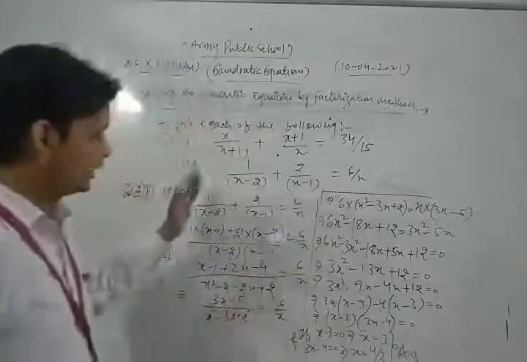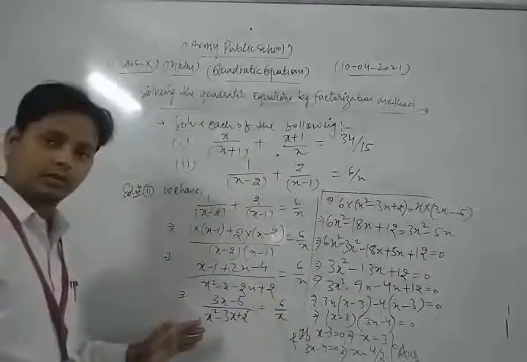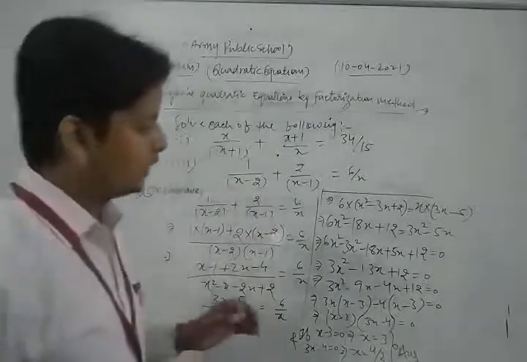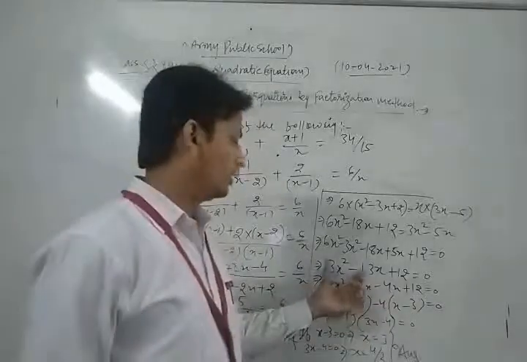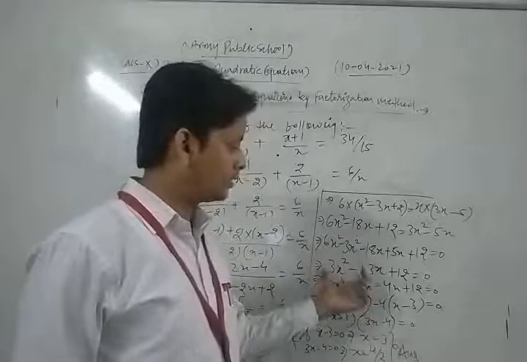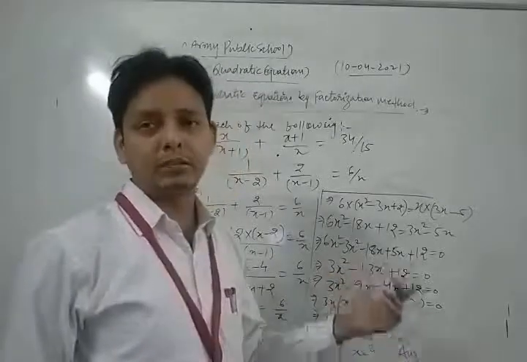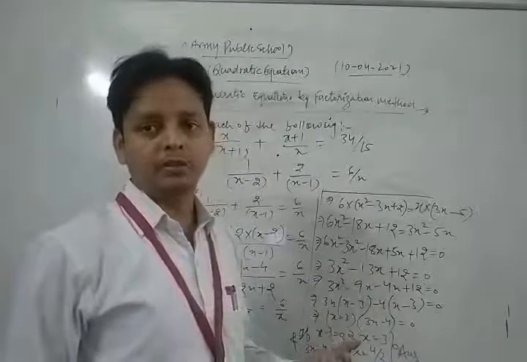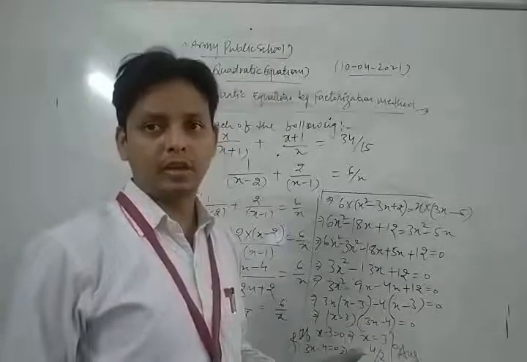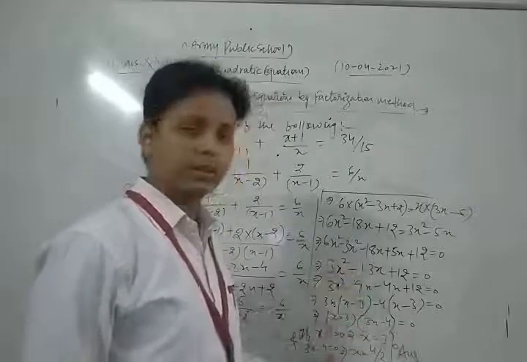This is the method. And if you get the quadratic equation after simplification, you can solve it by the method of factorization, means splitting the middle term, which you did in previous classes. Then after simplifying you get your result.